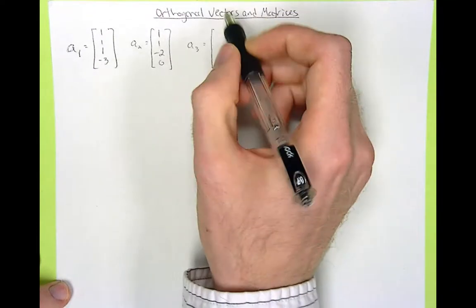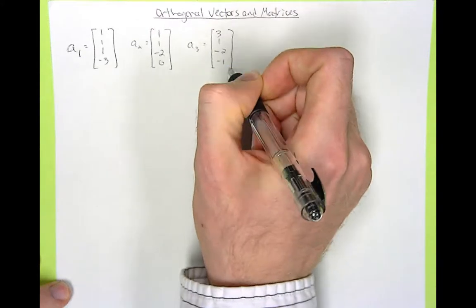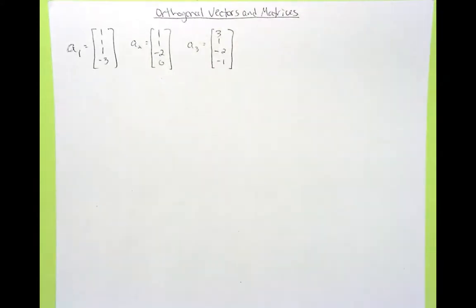And a3 is 3, 1, negative 2, negative 1. And we can see if any vectors are orthogonal by obtaining the sum of products for each of the three possible pairings or combinations of these three vectors.